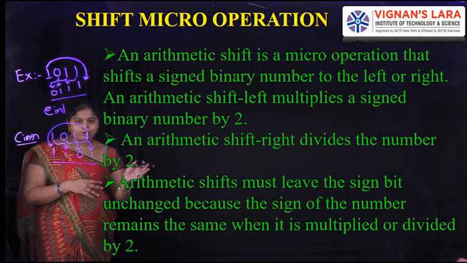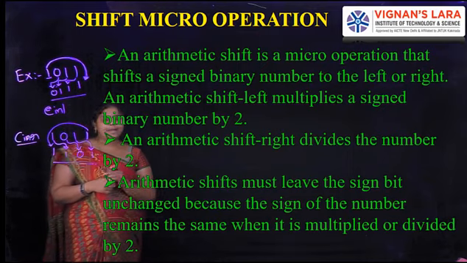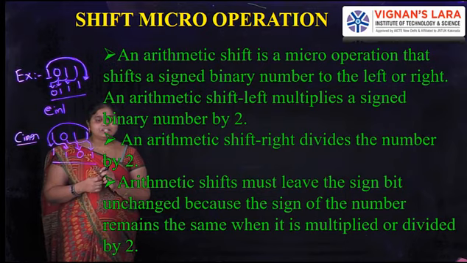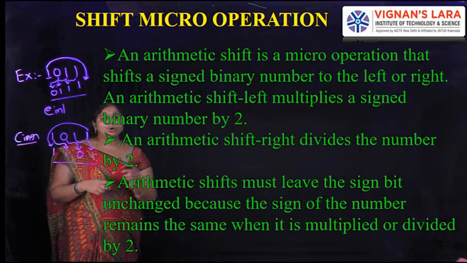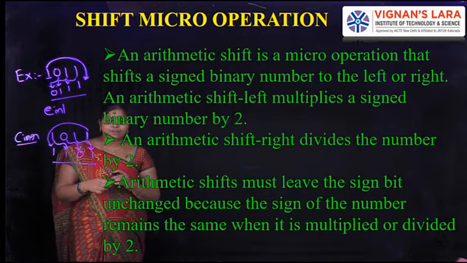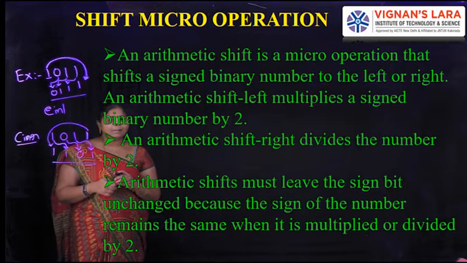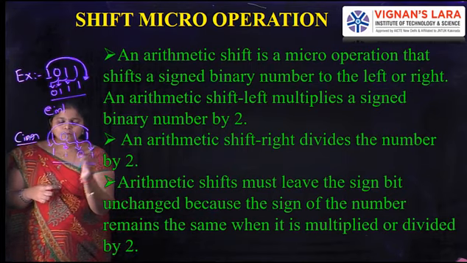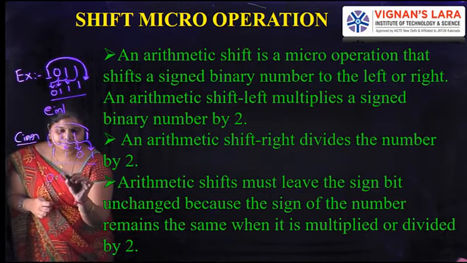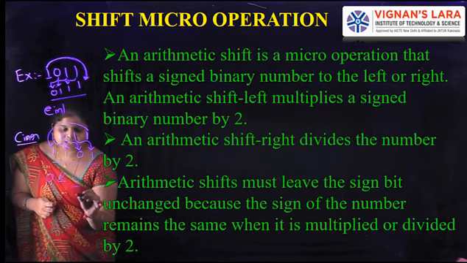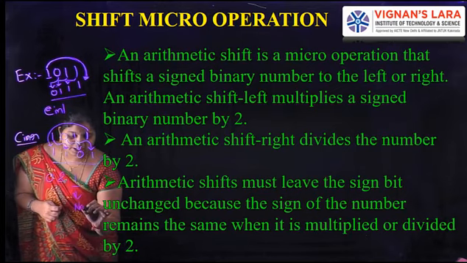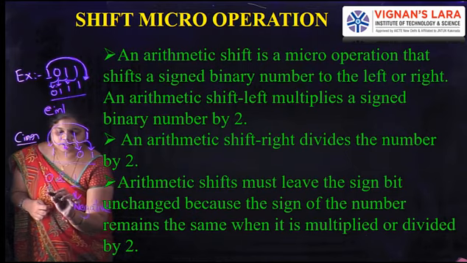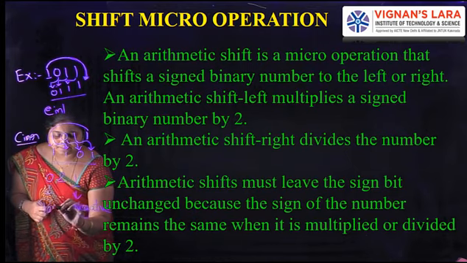Now we want to see the arithmetic shift micro operations. Arithmetic shift is a micro operation that shifts a binary number to the left or right. An arithmetic shift left multiplies a signed binary number. In arithmetic shift we have two representations, 0 and 1: 1 means a negative number and 0 means a positive number, as we already discussed in the last classes.